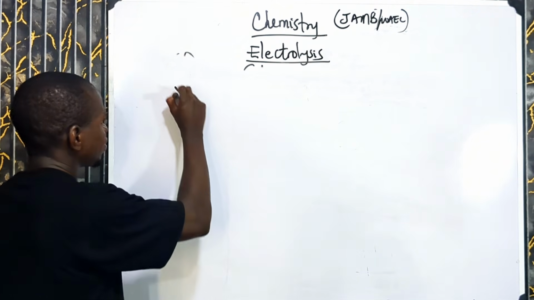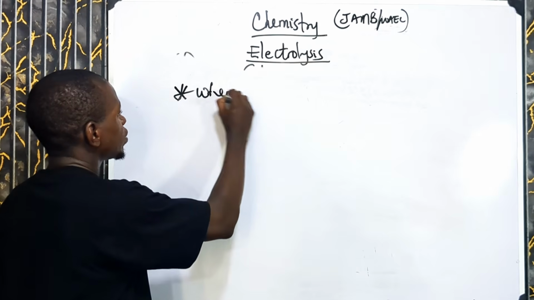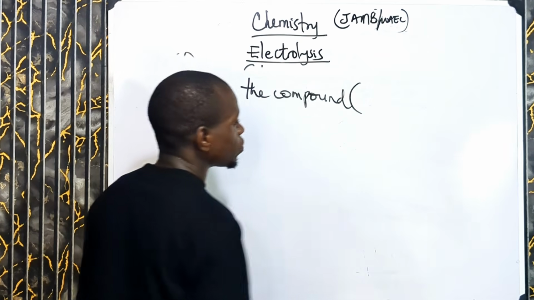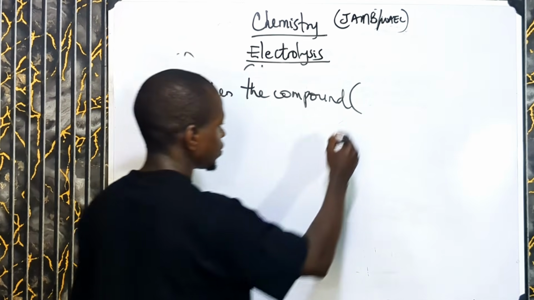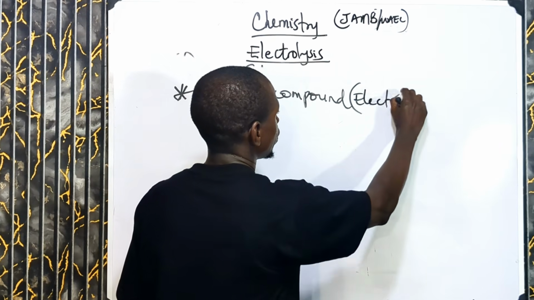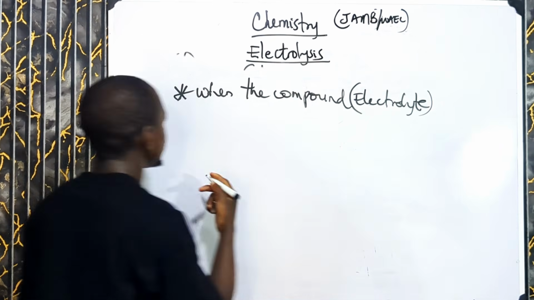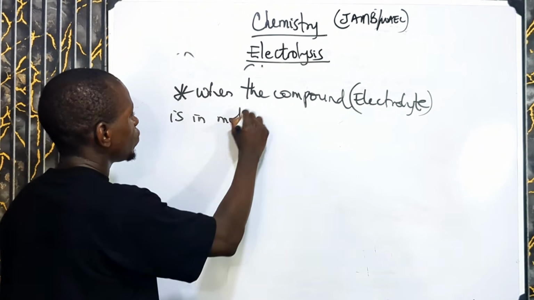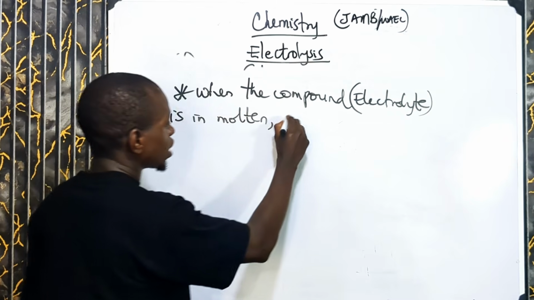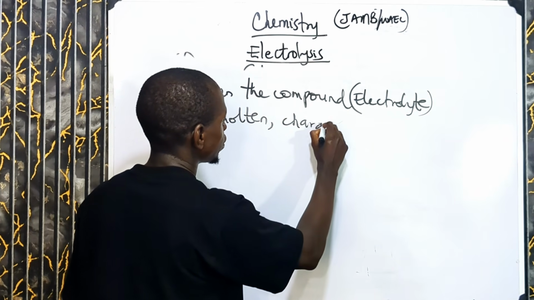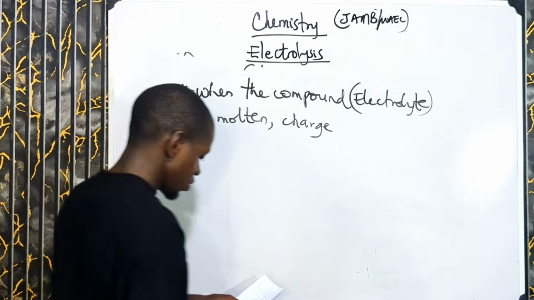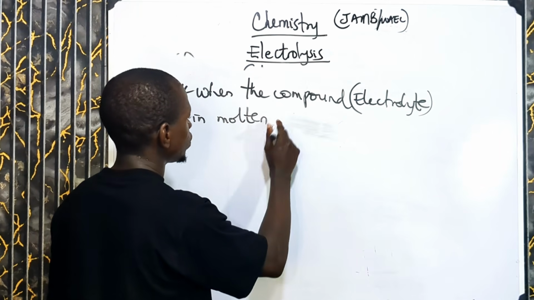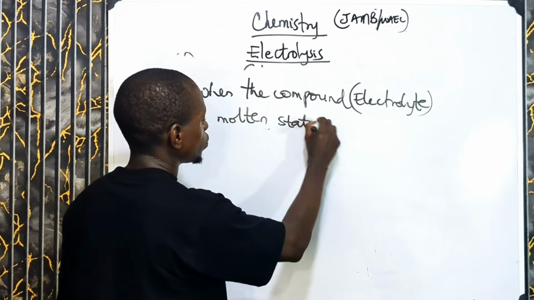Write this down. When the compound, and the compound we are talking about is basically your electrolyte, is in molten state, its current carrier will be what?